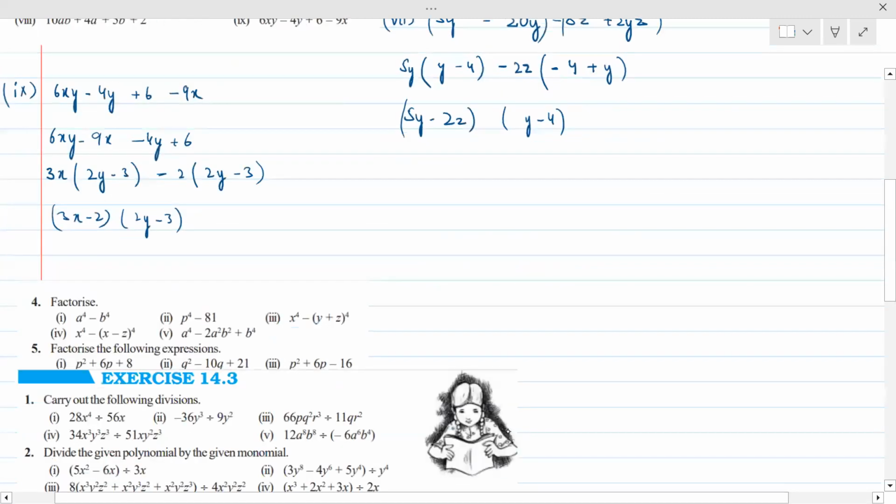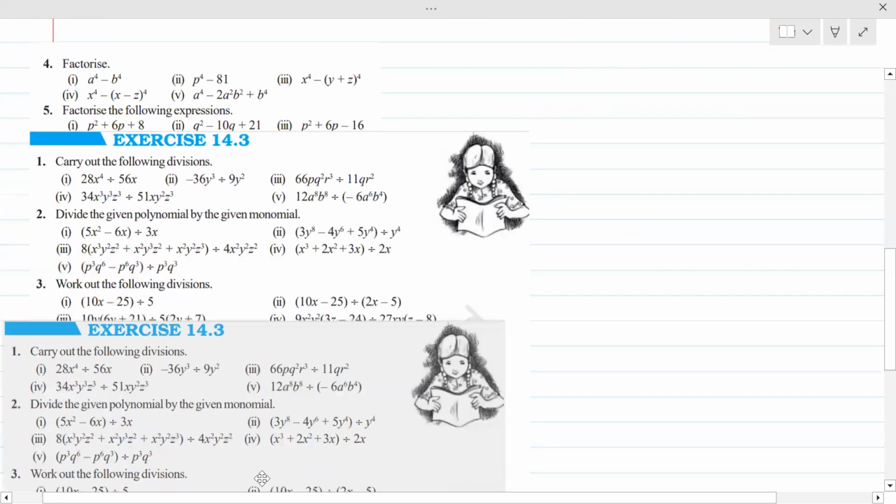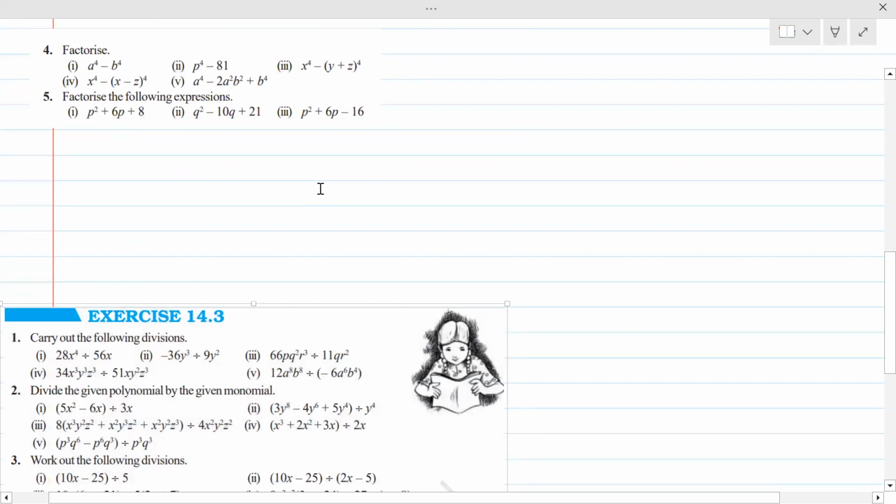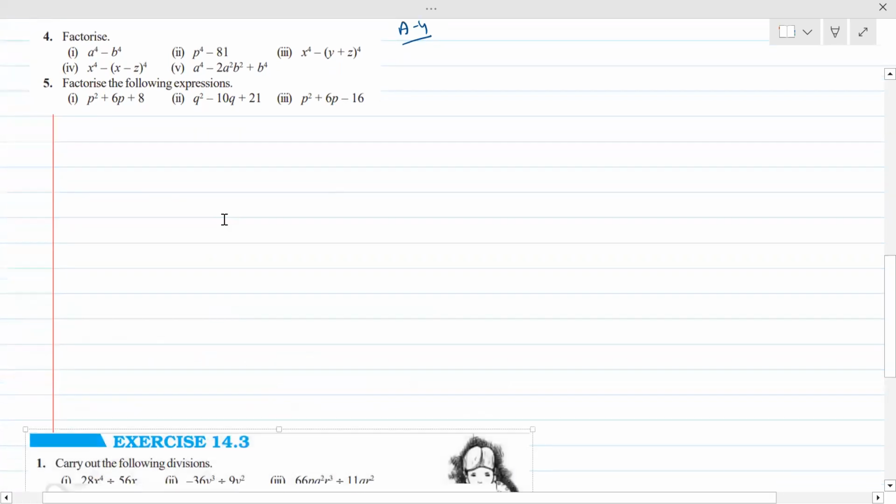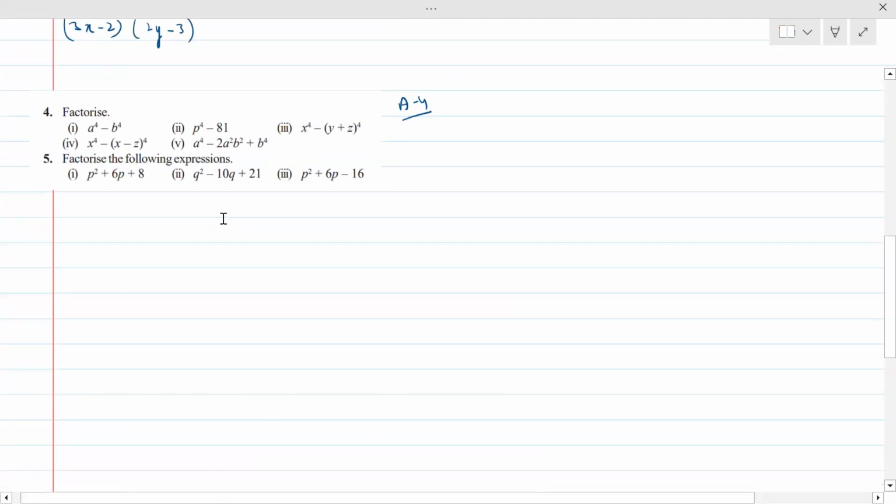Now let's take question number 4. Because it is the factorization chapter only, all the questions are to factorize. Factorize a^4 minus b^4.